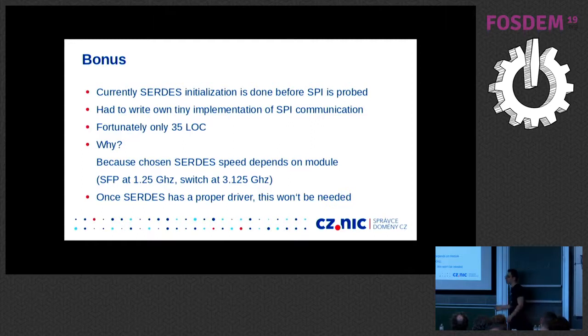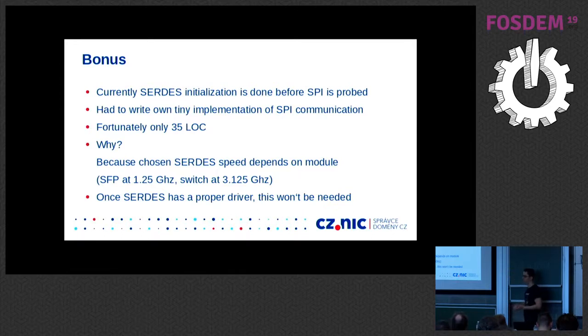So there were two solutions for this. One solution was to write a proper driver for SERDES initialization. By proper, I mean that the SFP node in U-Boot, in the device tree, should have a pointer to the SERDES line, and the driver then would have known which speed to use.